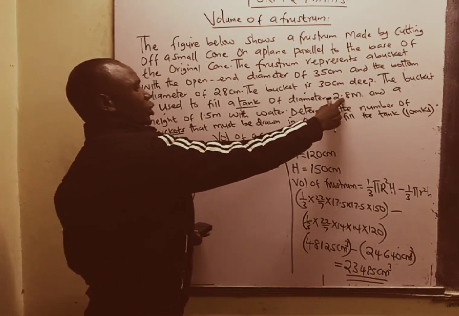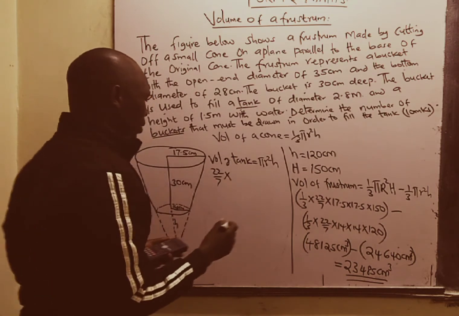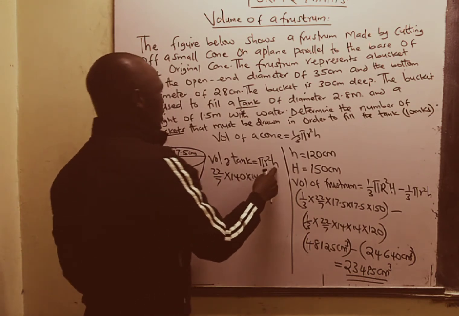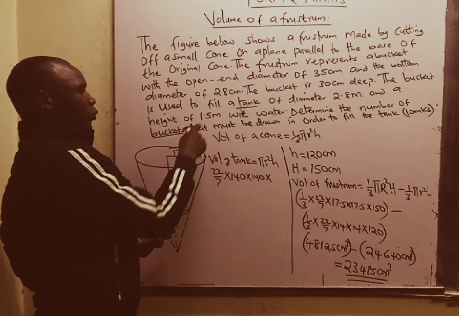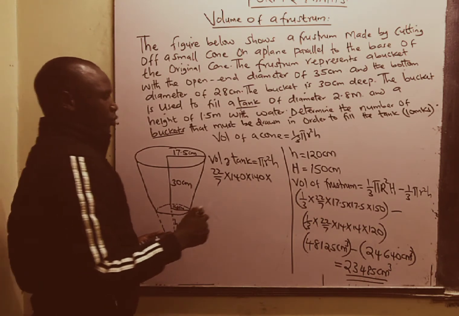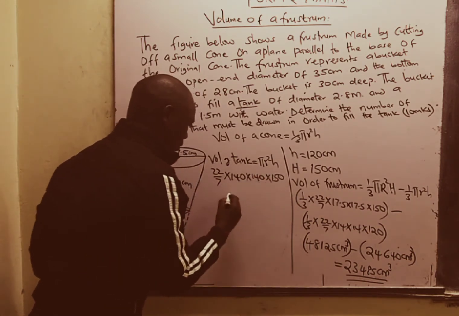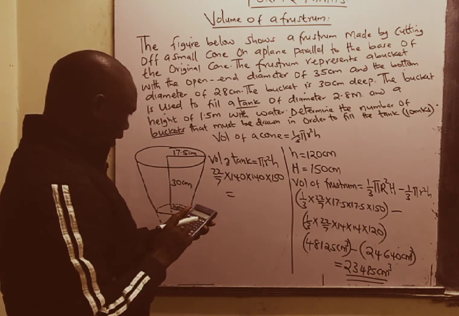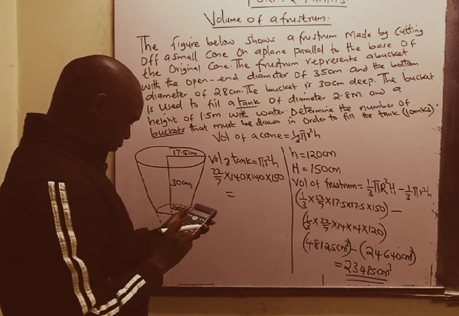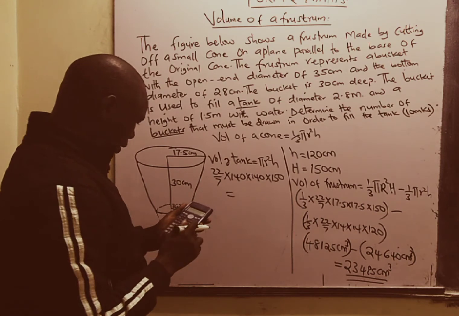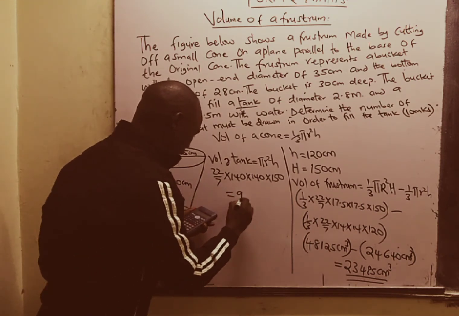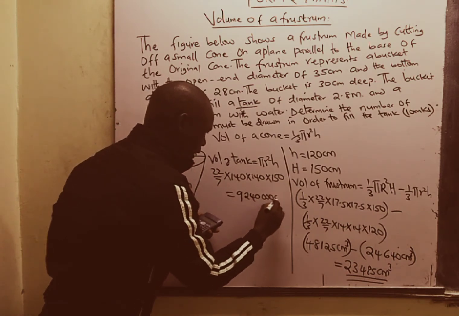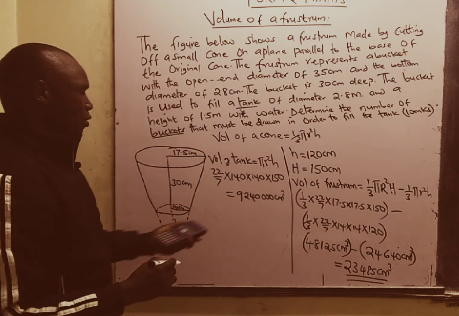So 1.4 multiplied by 100 gives 140 centimeters, times 140, and of course times the height. The height is 1.5, multiply by 100 to change it into centimeters, and this gives us 150. If you work this out, 22/7 times 140 times 140 times 150 gives us 9,240,000 centimeter cubic. This is the volume of the tank.